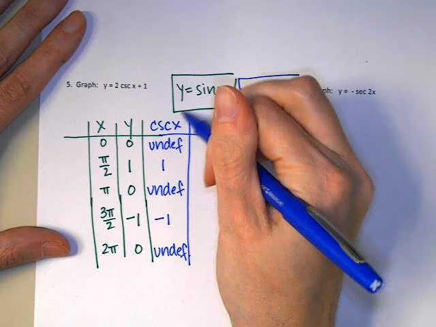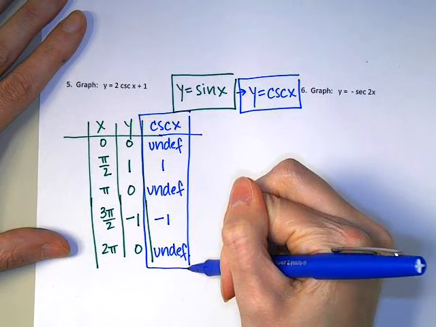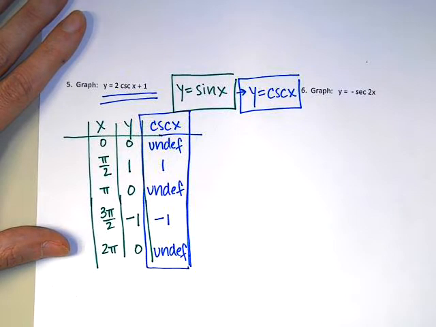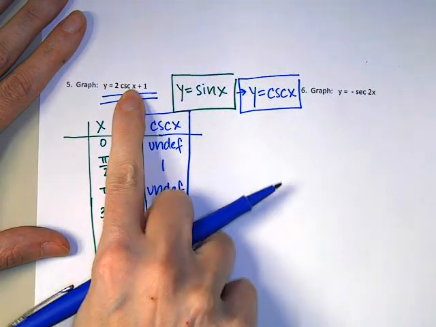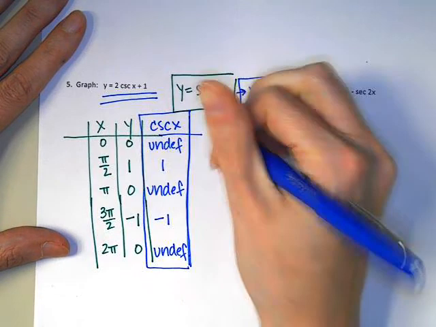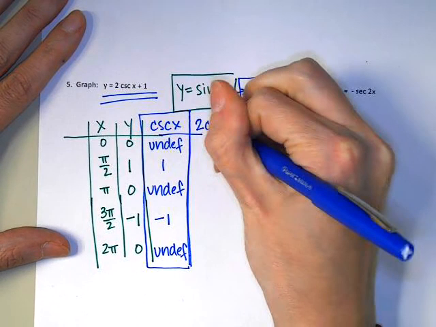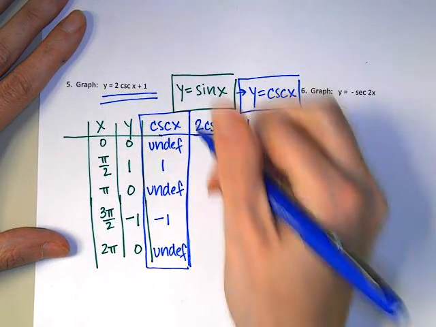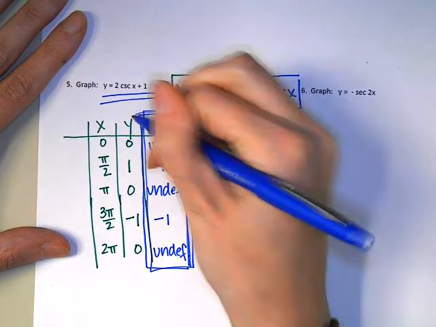Okay, now from cosecant, let's get all of our shifts that this tells us. So no changes in the x, but in the y, we're multiplying by 2 and adding 1. So 2 times the cosecant plus 1. Now make sure you're going off this cosecant, not the old sine.